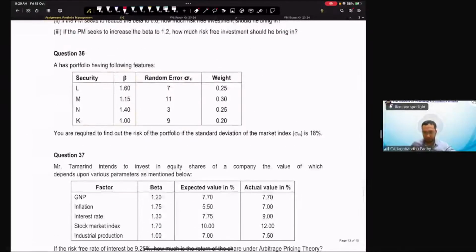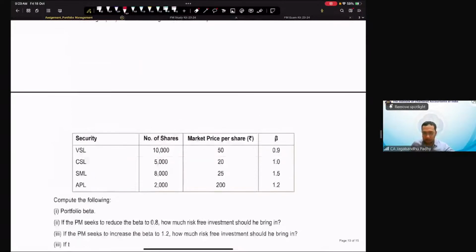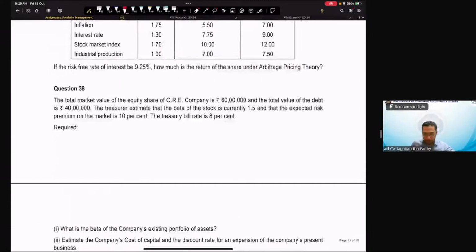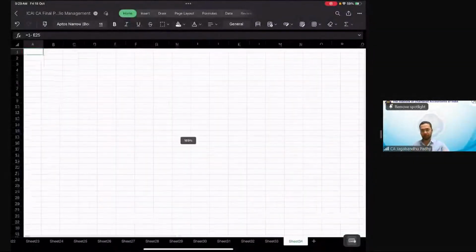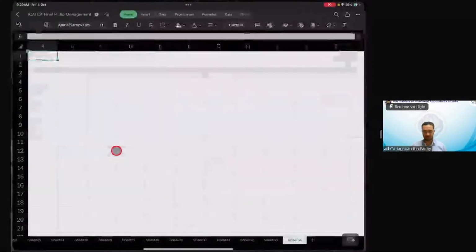Then let's look at question 37. Mr. Tamarind intends to invest in equity shares of a company, the value of which depends upon various parameters as mentioned below. So again, there are 5 different factors.